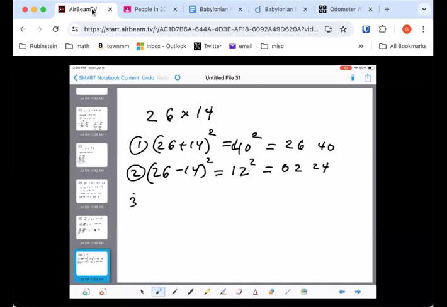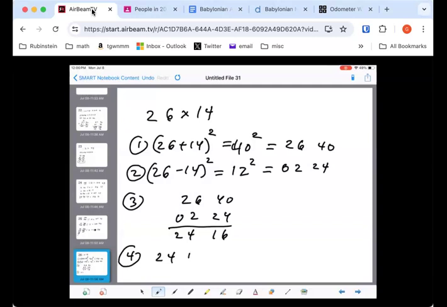Step 3, subtract these two things. And step 4 is divide the answer by 4.